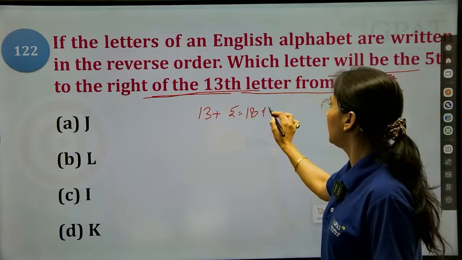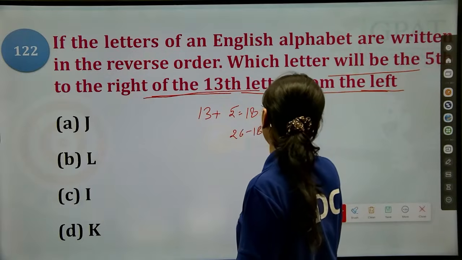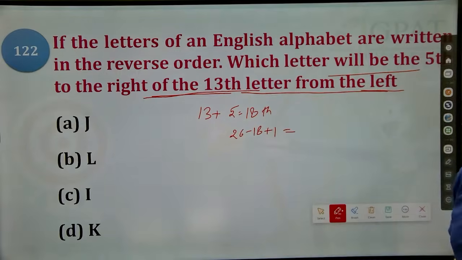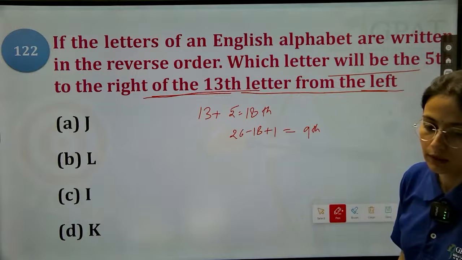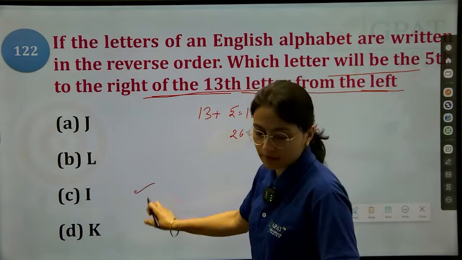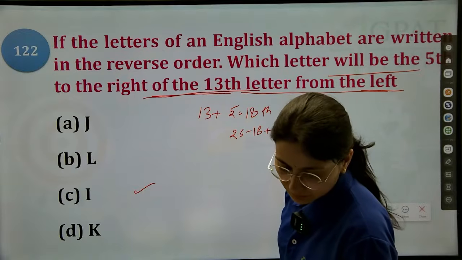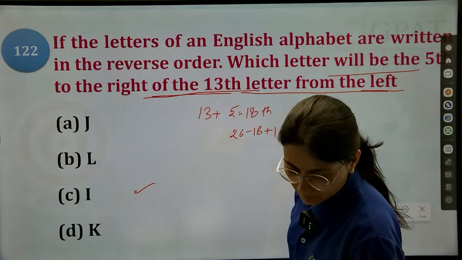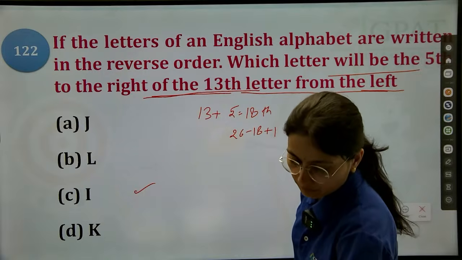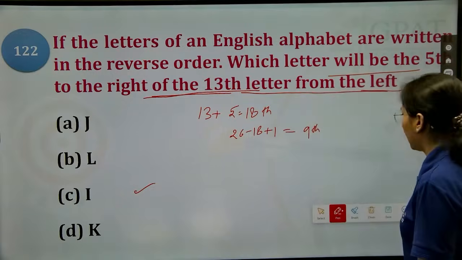That is the 18th letter. So 26 minus 18 plus 1 is equal to the ninth letter. And the ninth letter is I. So option number C is correct.